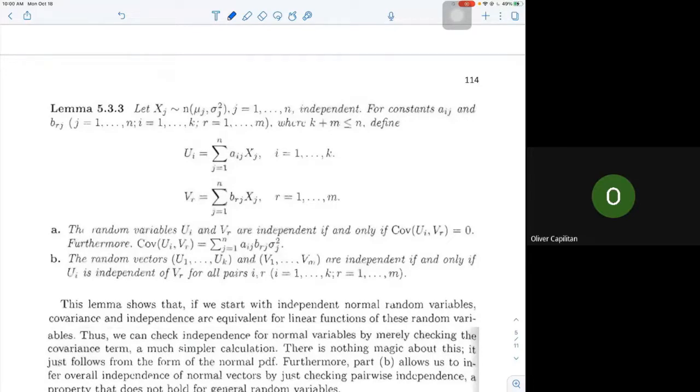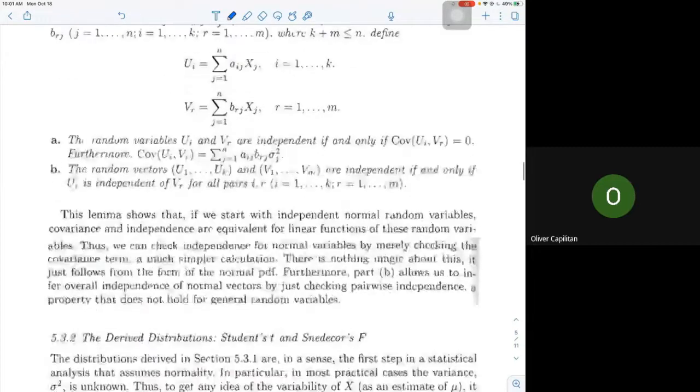Okay, so for letter B, we have a random vector of random variables U sub 1 up to U sub k, V sub 1 up to V sub m. These are independent if and only if U sub i is independent of V sub r for all pairs. So we have a pairwise independence of random variables U sub i and V sub r, i from 1 up to k, r from 1 up to m.